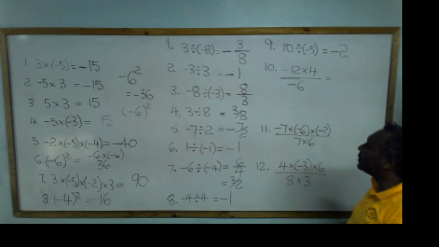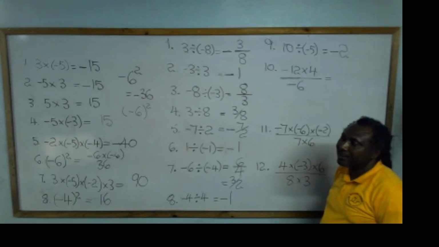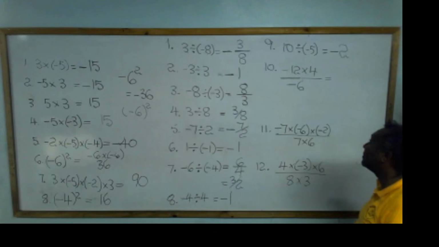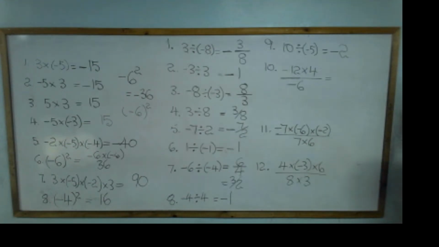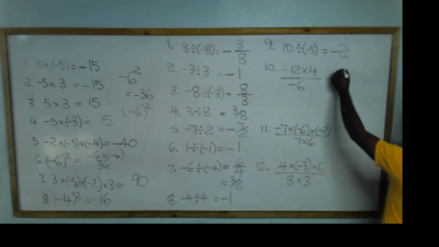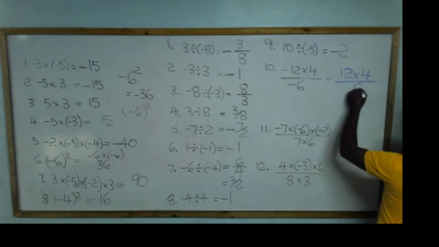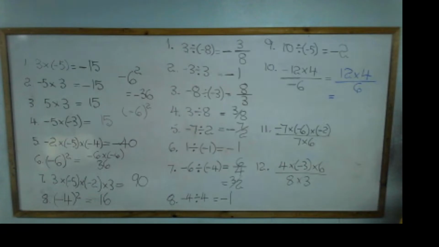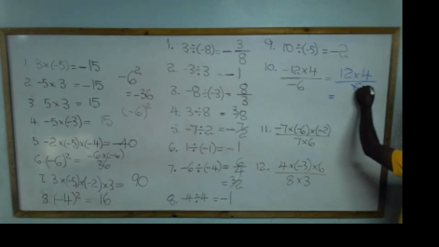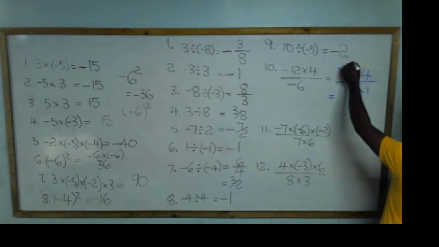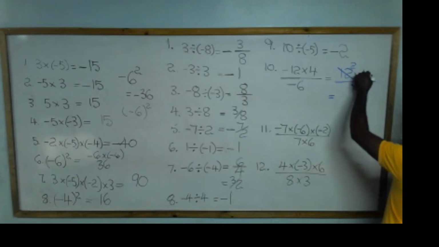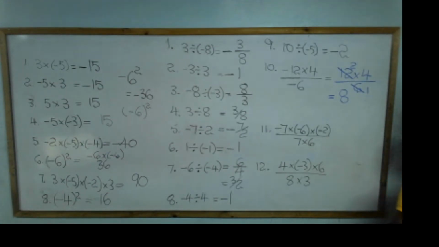So for now we have 2 negative signs, so the answer is going to be positive. The answer is going to be positive, which is going to be what? 12 times 4 over 6. 6 into 6 is 1, and 6 into 12 is 2. 2 4s, 8. Somebody said 8, and the person is correct.